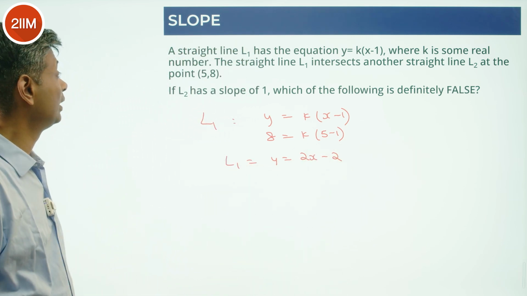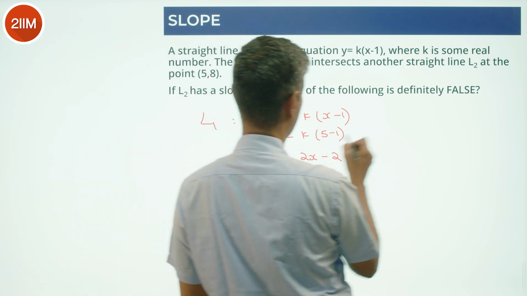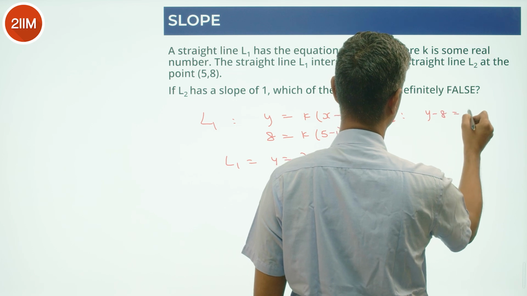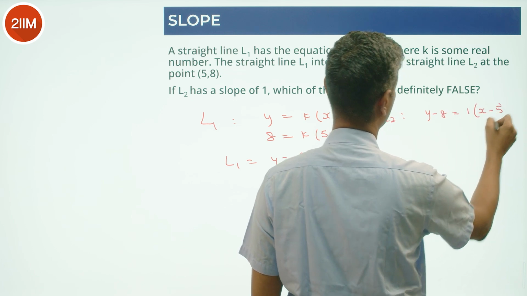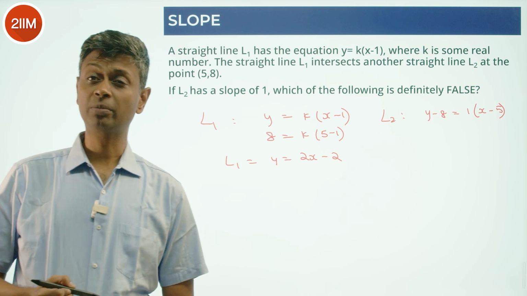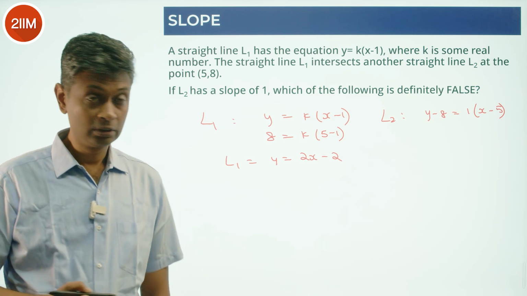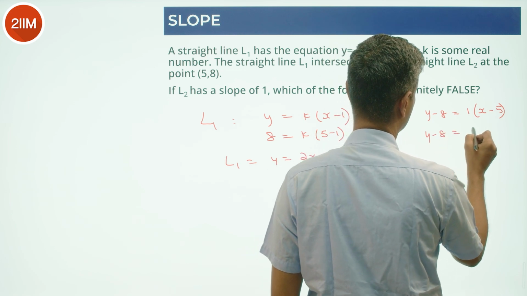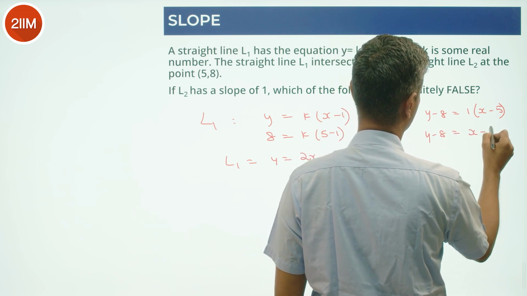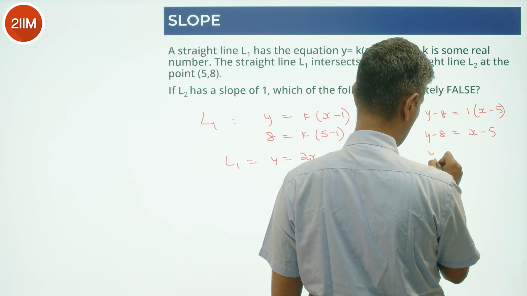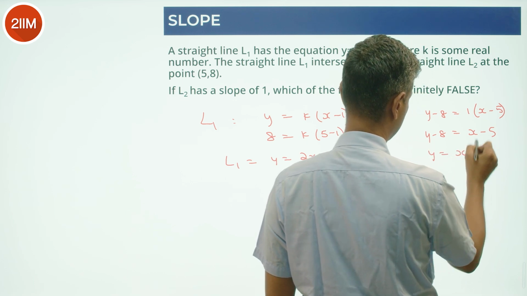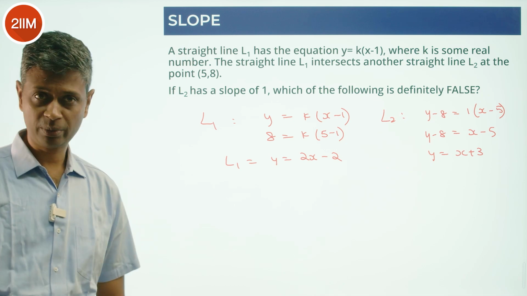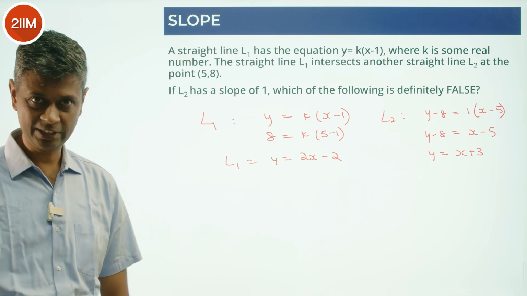What is L2? L2 passes through 5, 8. So y minus 8 equals 1 times x minus 5. Y minus y1 is m times x minus x1. So we have y minus 8 equals x minus 5, or y equals x plus 3. Brilliant. We have y equal to 2x minus 2, y equal to x plus 3.